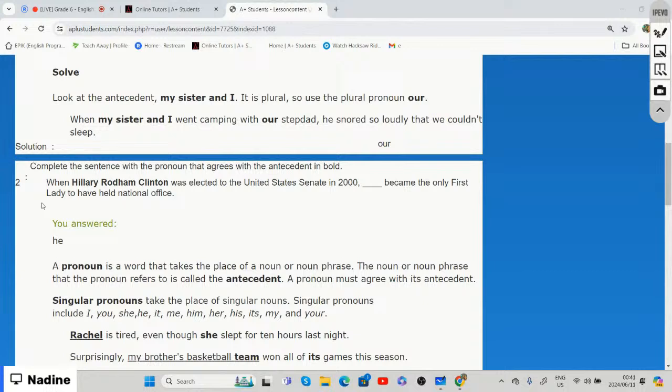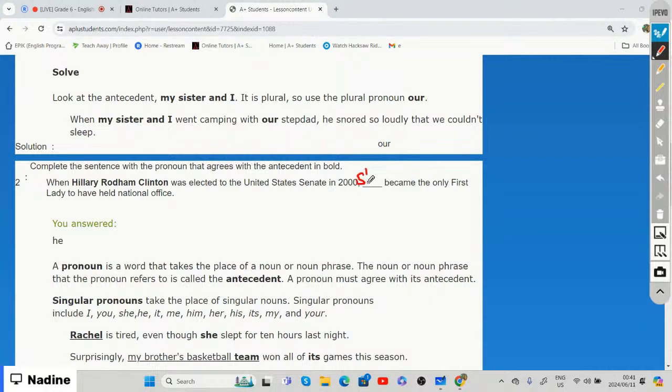We can then say she became the only first lady to have held national office. She is our pronoun that refers back to Hillary Rodham Clinton, right?